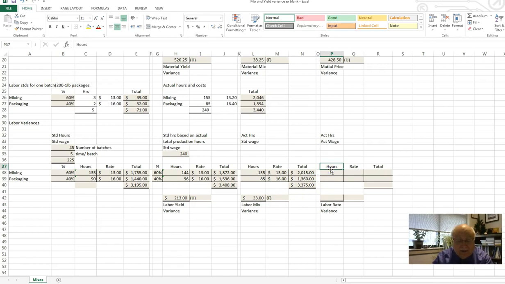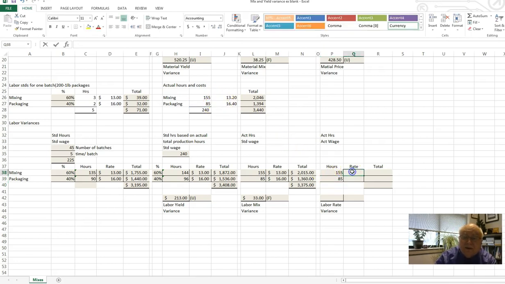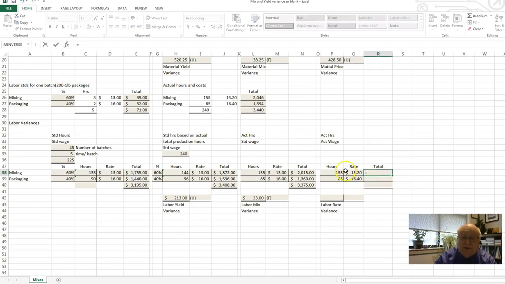And then here, we do the same thing as before. Equal the actual hours. And this time we use the actual rate of 1640. Multiply them out just like we did before. Looks like we have up above, so that's kind of a check if you want to do it that way.